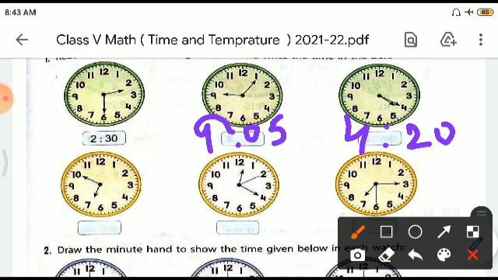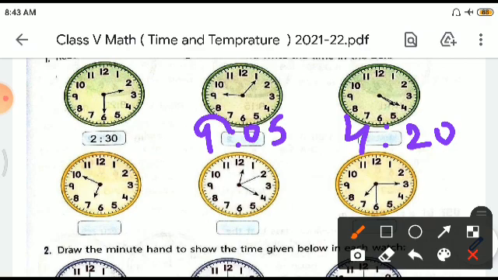Now see the fifth one here, the third arm is also shown, so we will also be writing it here. The hour is at 12, so we will be writing 00 here. 12 is never written.